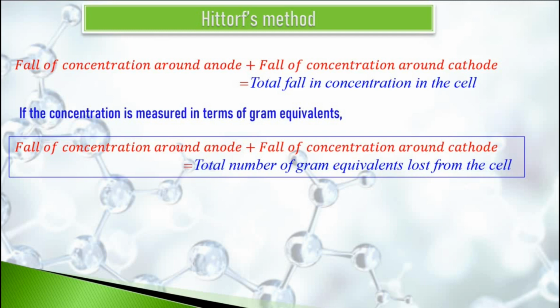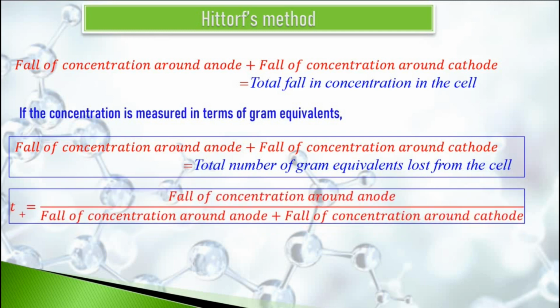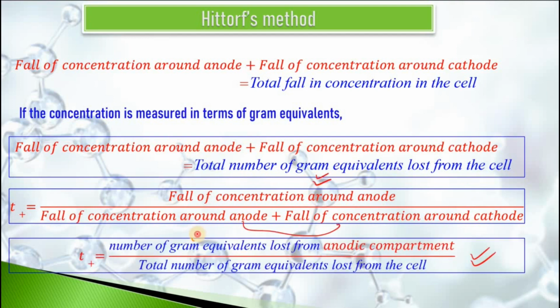As a result, there is a loss in the concentration, and this total loss or total fall in the concentration of the cell is equal to the total loss in gram equivalents in the cell. So transport number can be rewritten in terms of gram equivalents as T plus is equal to the number of gram equivalents lost from the anodic compartment divided by the total loss of gram equivalents from the cell.